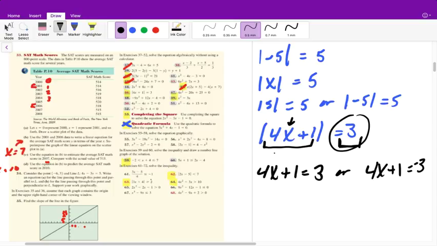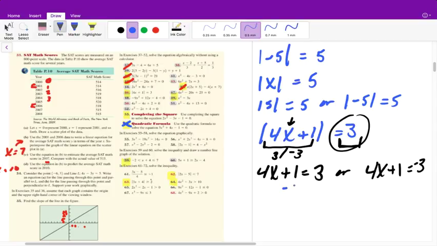So we're setting this equal to a positive 3 or a negative 3. But if we just had the absolute value of 4x plus 1 equal to negative 3, I'm sorry, we know this can't be true, because once we take the absolute value, it's always going to be positive. So that's what I was meaning by this can't be negative. But the inside, we're setting the inside equal to it.